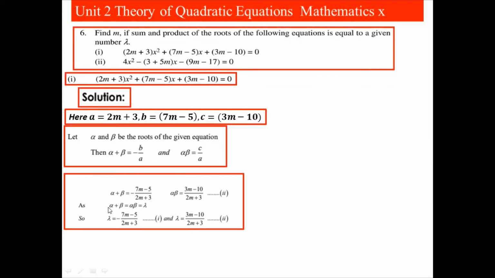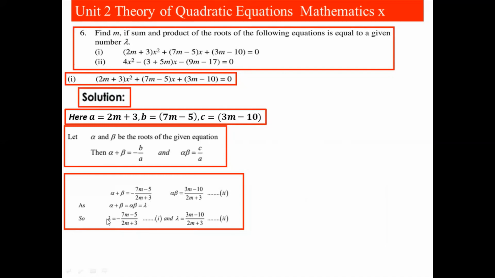So by given condition, the sum of the roots and the product of the roots is equal to the given number lambda. So we can write lambda is equal to the sum of the roots, and the sum of the roots is minus (7m minus 5) divided by 2m plus 3.